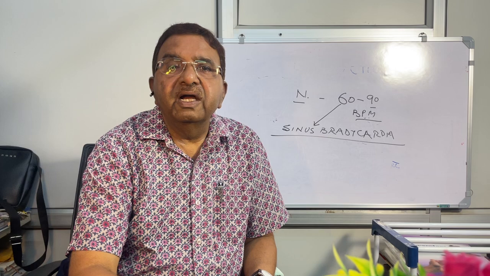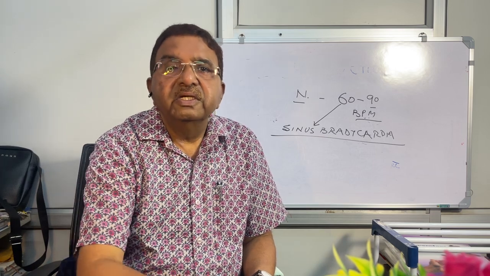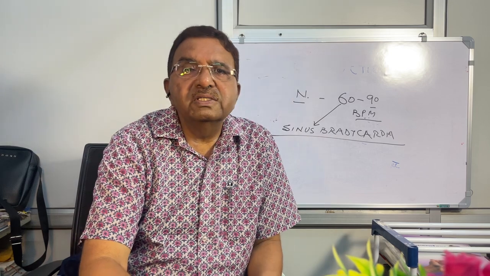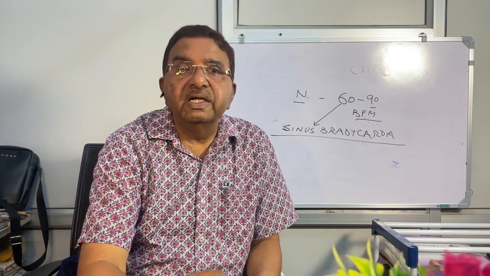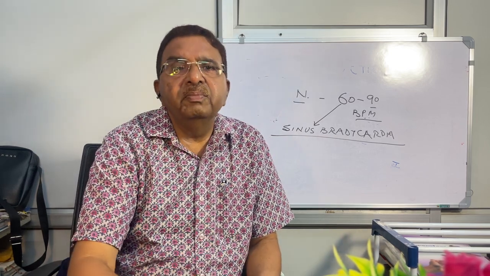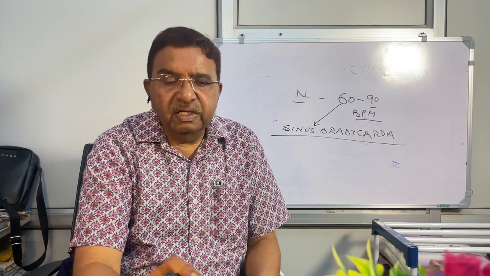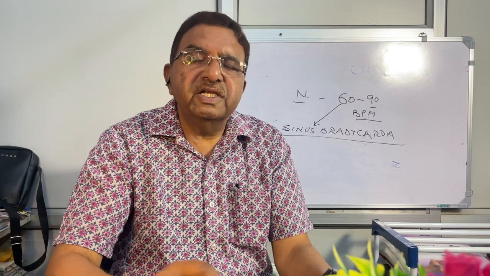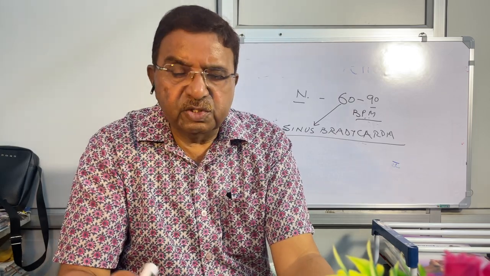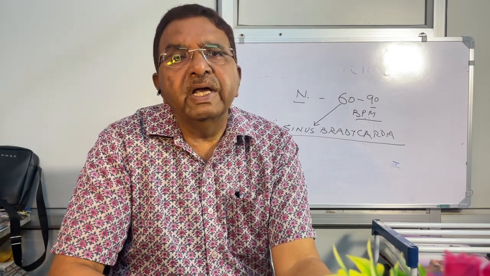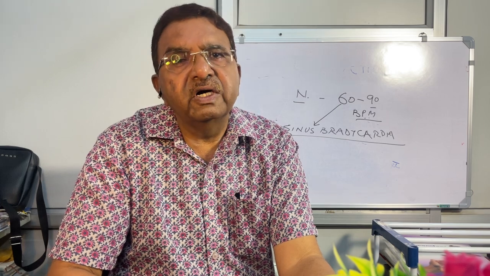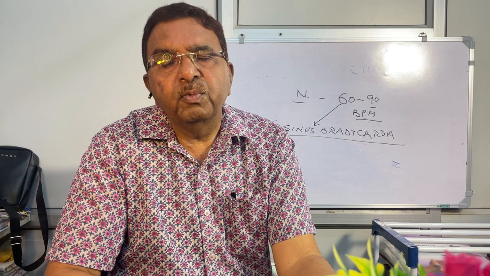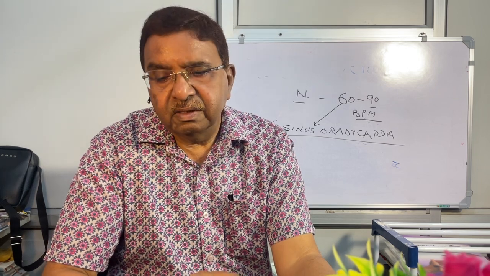It is highly important to diagnose because sometimes if the heart rate gets very low, maybe below 40, then it may lead to cardiac standstill. Especially it is true in patients who have some organic or pathological disease of the heart. So in these conditions you have to keep track of the heart rate.